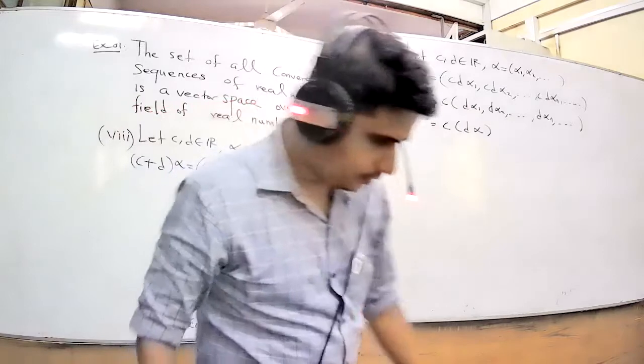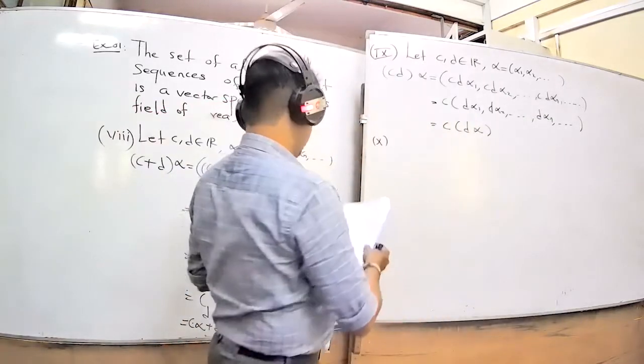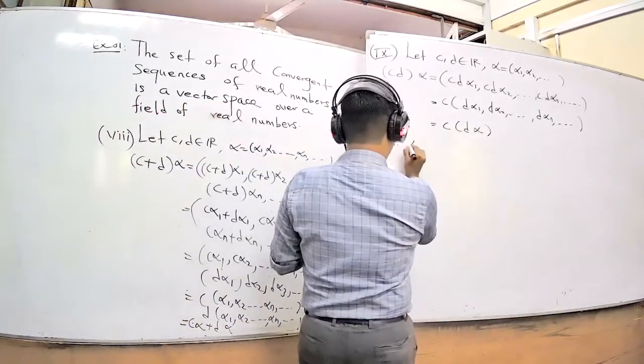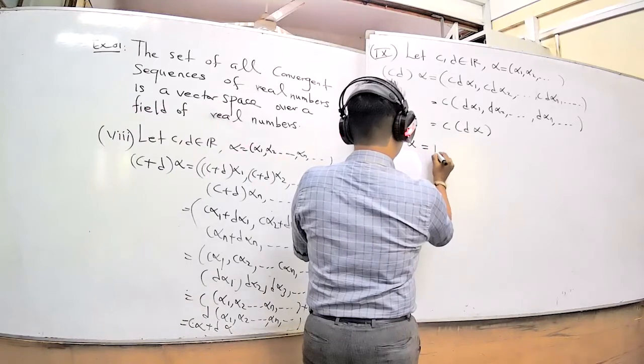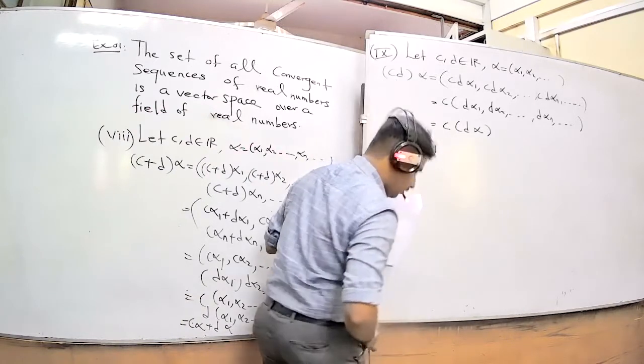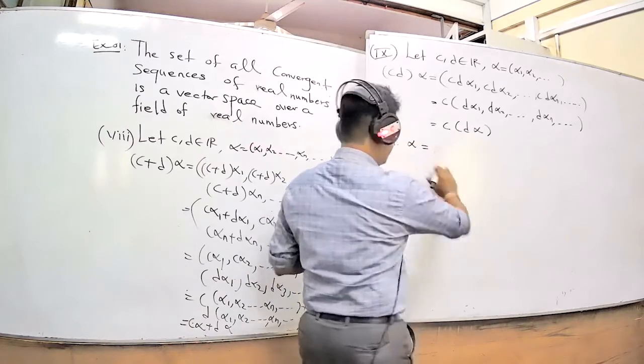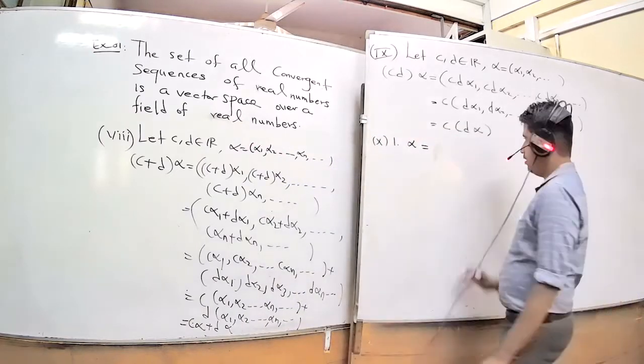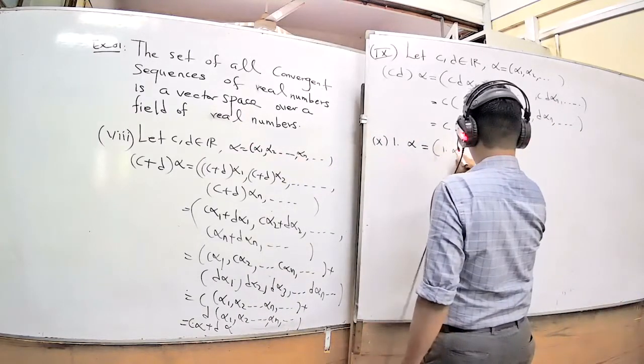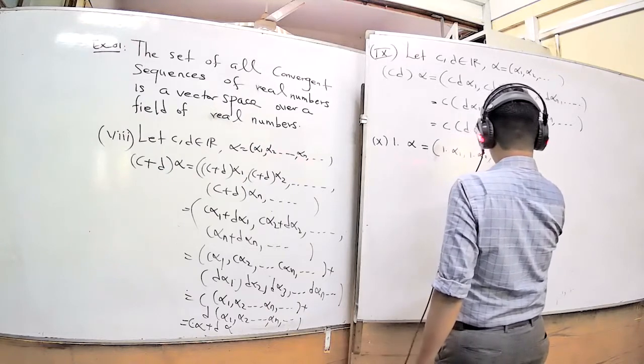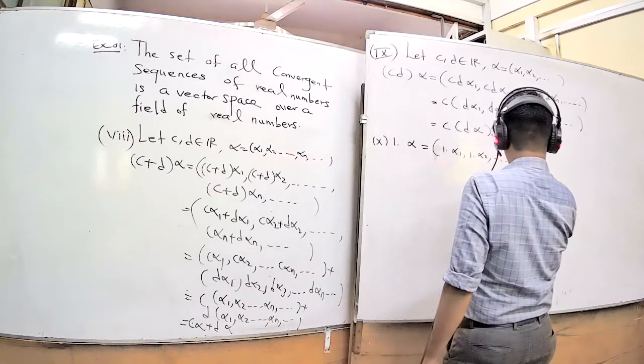Now you verify axiom number 10. It is 1 into alpha. 1 into alpha is unit value 1. So 1 into alpha, you will write 1 into alpha 1, 1 into alpha 2, and so on, 1 into alpha n.